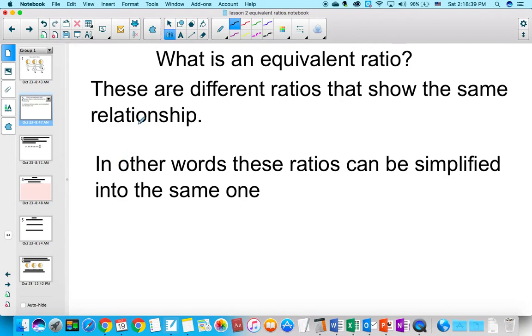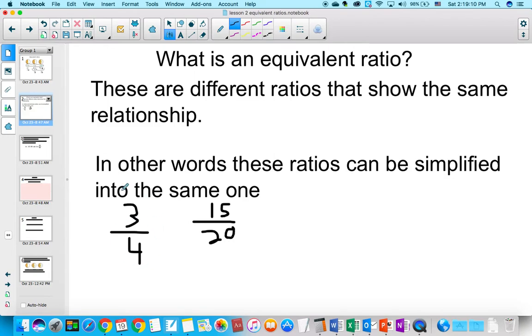So again, in the previous lesson, we talked about simplifying ratios. It's the same as simplifying fractions. So in fractions, let's say we had 3 over 4, and we have the other fraction of, let's say, 15 over 20, right? Are these fractions equivalent? Are these fractions the same relationship or the same proportions?